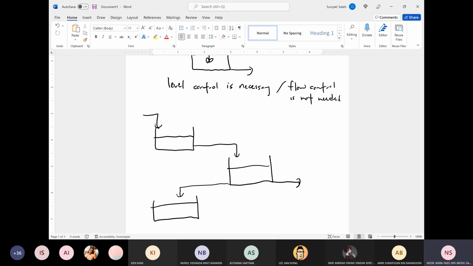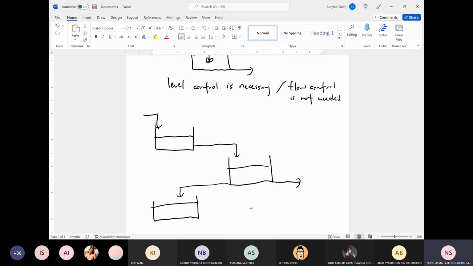So when you have multiple unit operations, then we need to ensure we also control the flow. We need to imagine, normally the location of the tanks is not near, it's not adjacent. You don't always put one tank here and beside it another tank. Sometimes it's not the case. The location of every unit operation is sometimes a little bit far, more than 5 meters or 10 meters because of safety purposes.